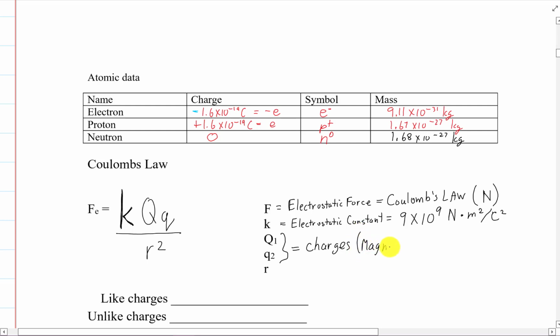They're measured in coulombs and abbreviated with a C, and R is the separation distance of Q1 and Q2, and that is measured in meters.